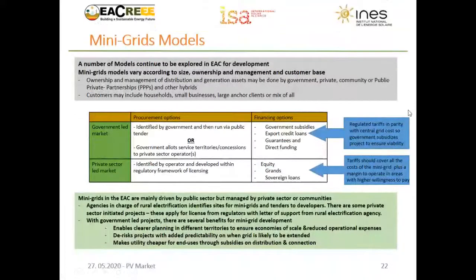So in terms of looking at the mini grid architecture in the region, we find that we have quite a number of models that have continued to come up. The models that are coming up generally vary depending on the size of the system, the type of ownership of the mini grid system, sometimes the management structure, and also the customer base.